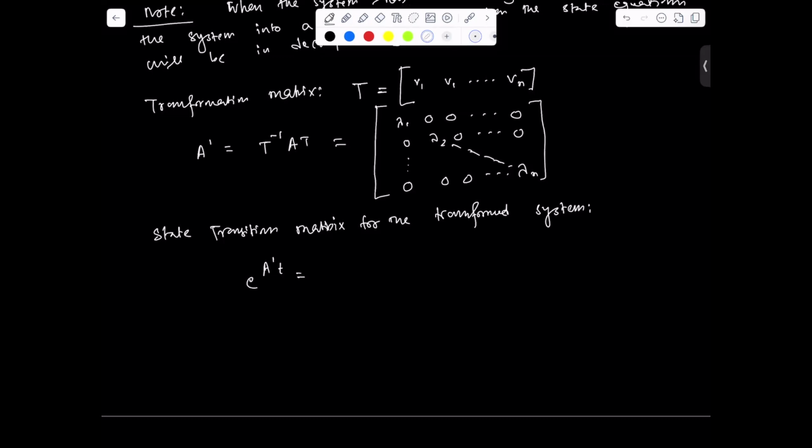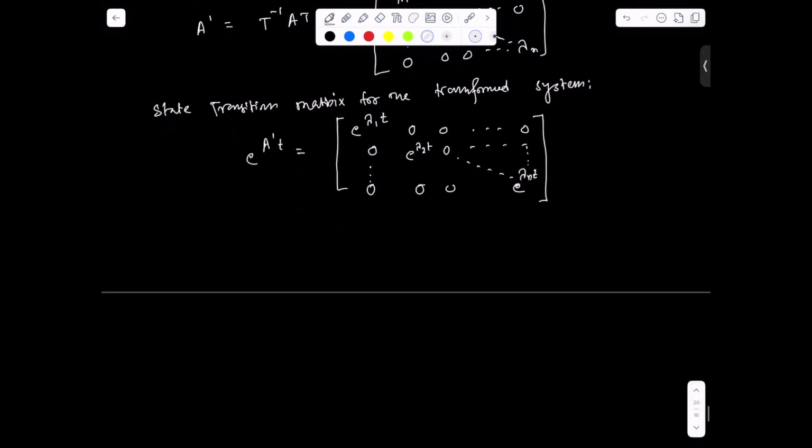So we can easily write e to the power lambda 1 t, 0, 0, 0, 0, e to the power lambda 2 t, 0, 0, and it will go like this up to e to the power lambda n t. This is how we form the standard state transition matrix structure.